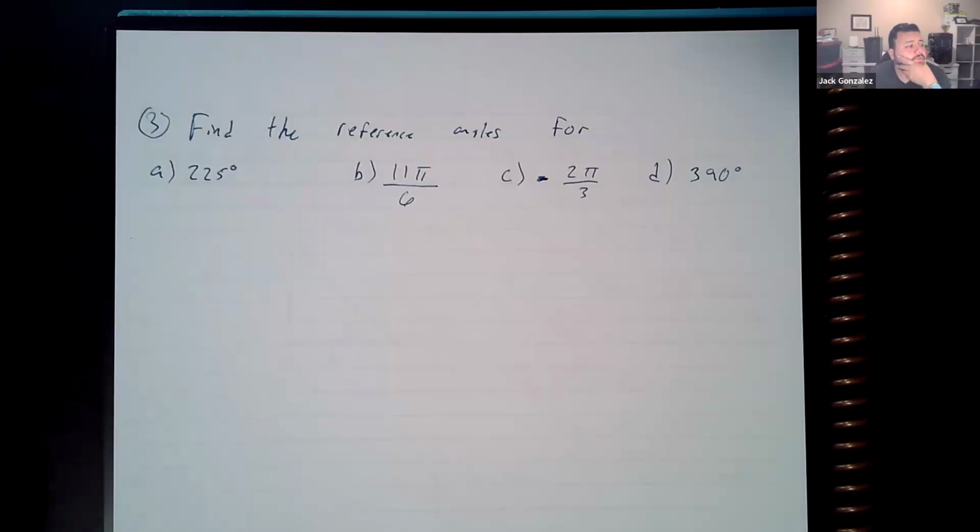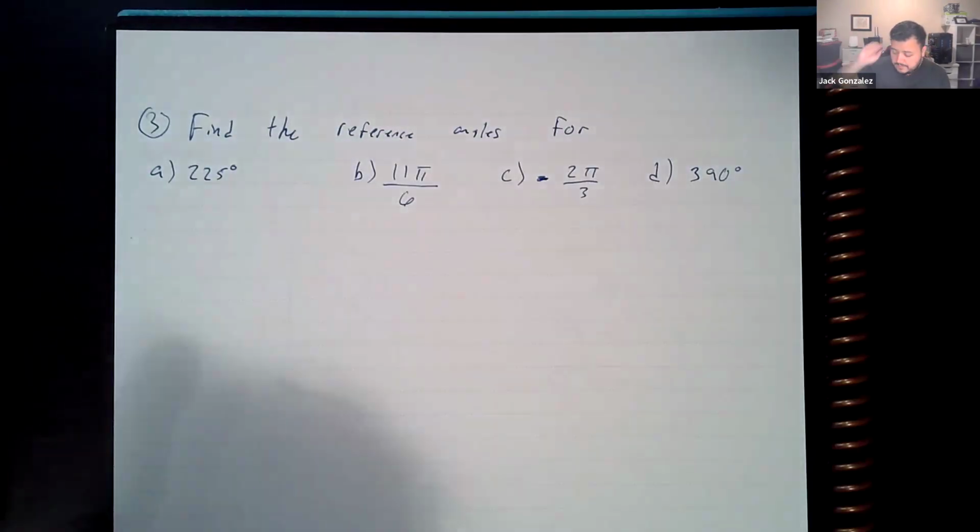All right, so if it's in quadrant one, then the answer is just the same thing you started with. If it's in quadrant two, you take 180 degrees and subtract your theta, or pi minus your theta if it's in radians. If it's in quadrant three, you take theta minus 180, or pi. If it's in quadrant four, you subtract from 360. So it'd be 360 minus the angle we're talking about.